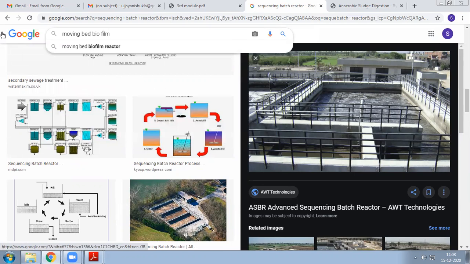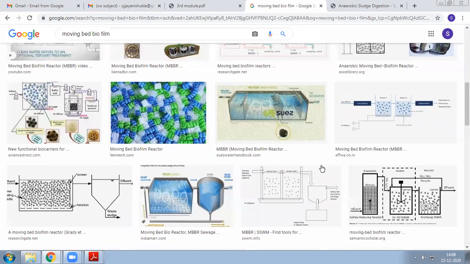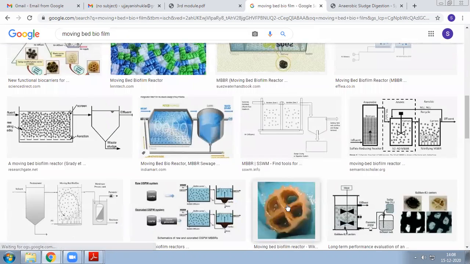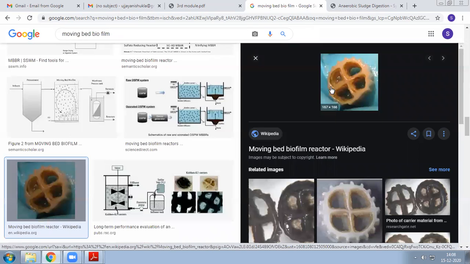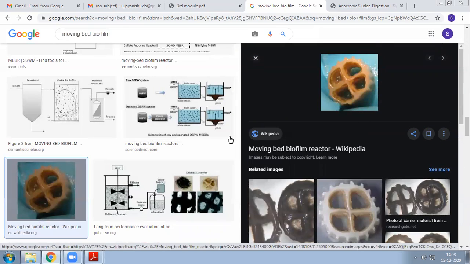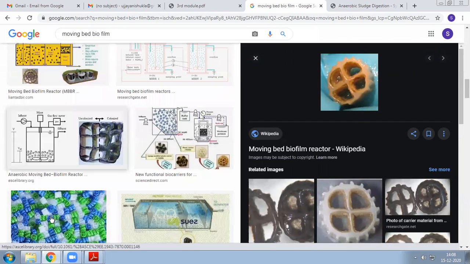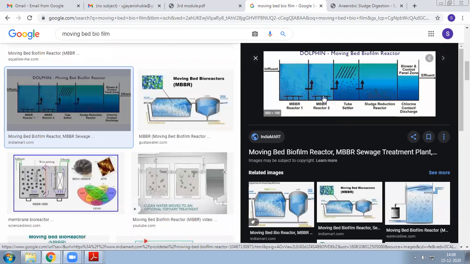I think 2 minutes are left. So this is the moving bed biofilm reactor. See how it looks. Above it, the layer will provide a surface for all the microbes to grow. They will install this here. See, maybe reactor 1, reactor 2, then settling, then sludge reduction happening.